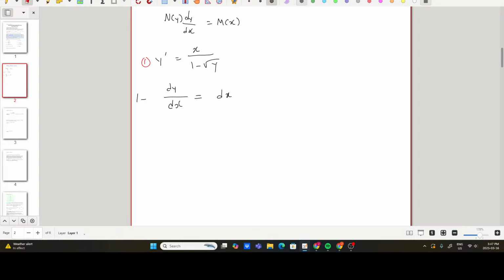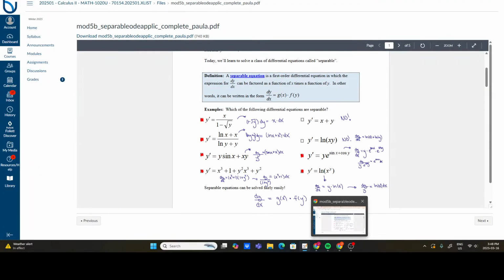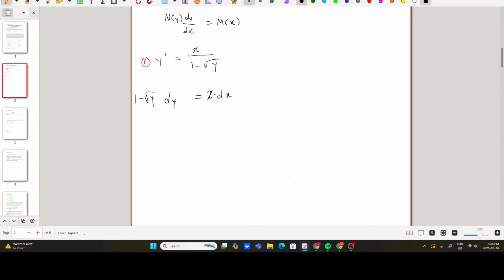No, sorry, I have 1 minus root y, so I don't know why I have dx here. That can't be correct. This is dy. So 1 minus root y dy equals x dx, and we should have an x as well, right? x dx, correct. There we go. So this is a way to write it, and this is separable.